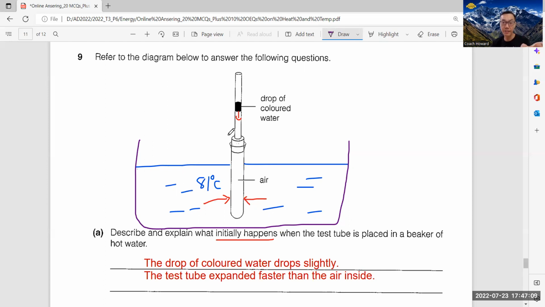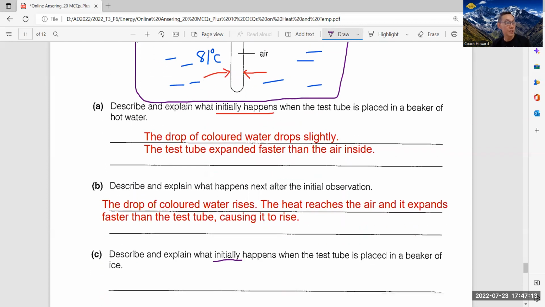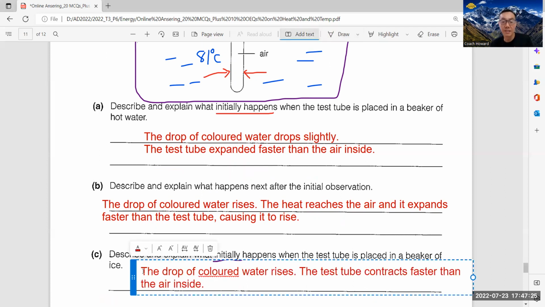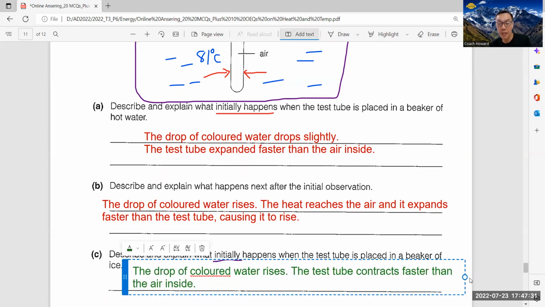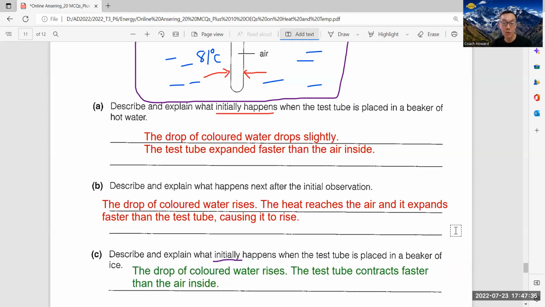So when it shrinks, it will press, and this thing will go out. Okay, so this one, the drop of colored water will rise because the test tube contracts faster than the air. Okay, so you take note of this part. The drop of colored water would rise because the test tube contracts faster than the air inside.